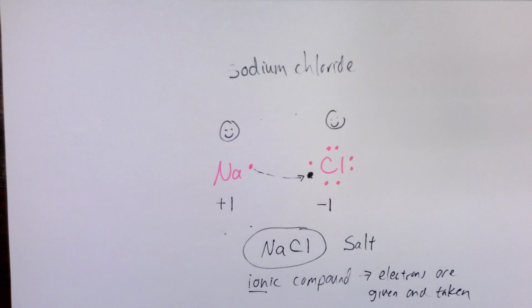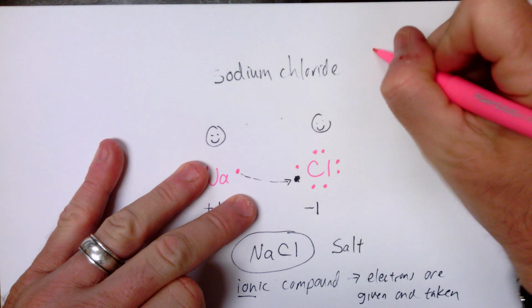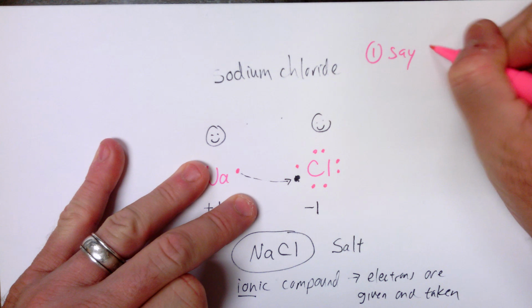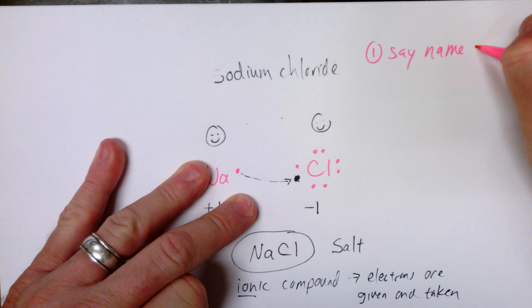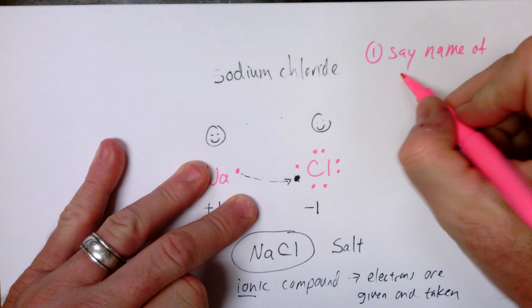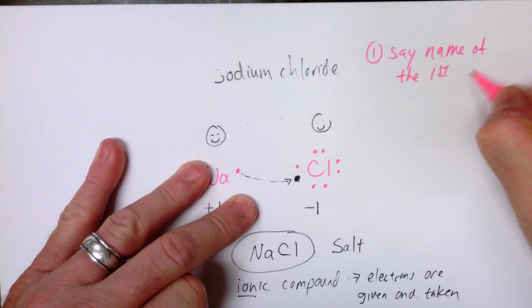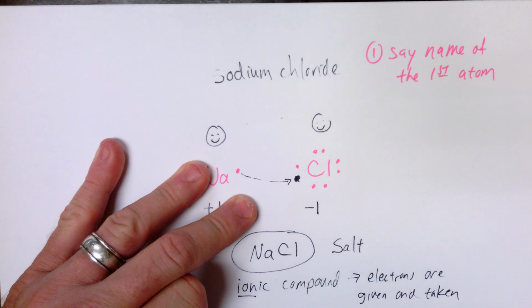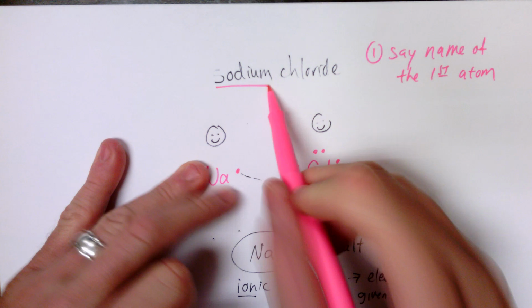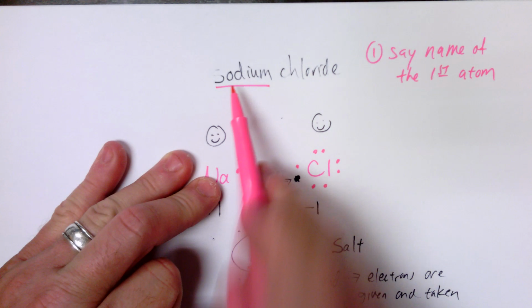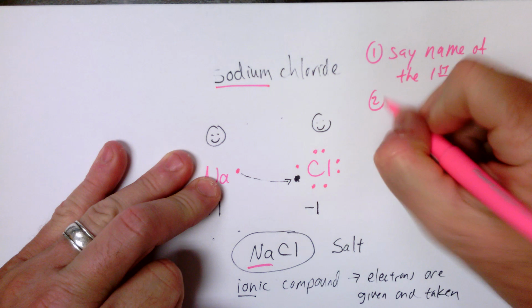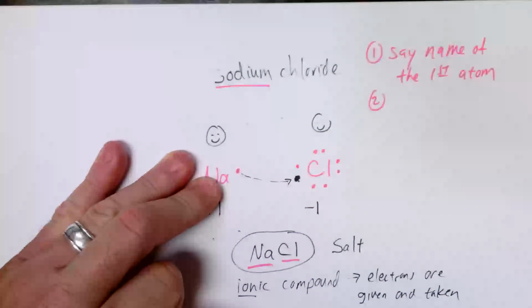All right, so let's talk about how we name ionic compounds. First thing you do is you say the name of the first atom. First atom was sodium. I said sodium. We don't say sodium chlorine.